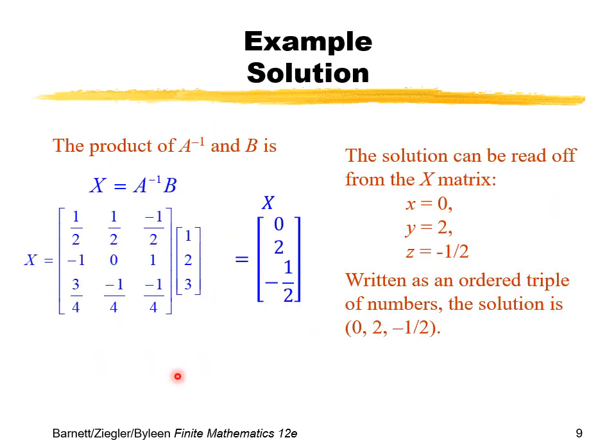When we multiply the inverse by the constant, we have the unknown matrix, X, which equals the inverse times the constant.